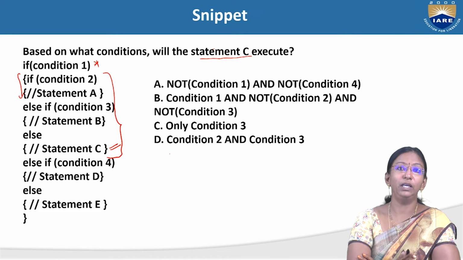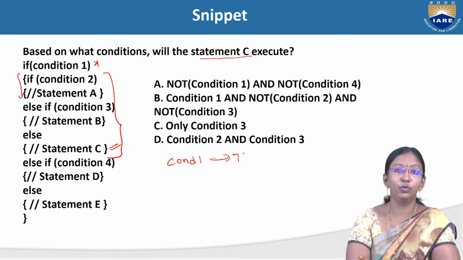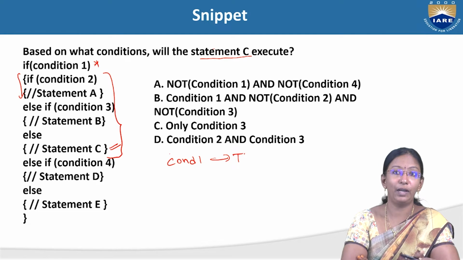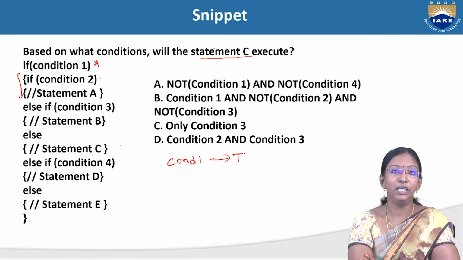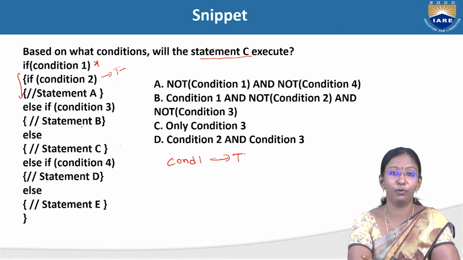So only if condition 1 is true, you can get inside the body of if to reach C. Next evaluation is, if condition 2 is true, statement A will get executed and you'll come out of this decision making statement. But we are not supposed to reach A. This is like a maze, right? So obviously condition 2 must be false.